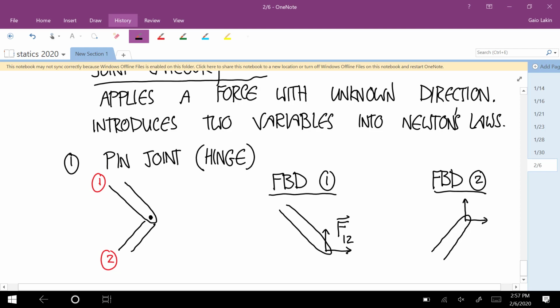So this force vector is the force on 2 by 1. And Newton's third law says that that is negative F1,2. Any questions about that?